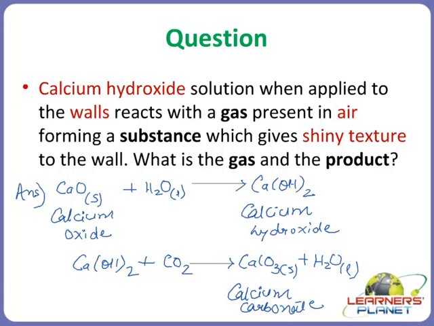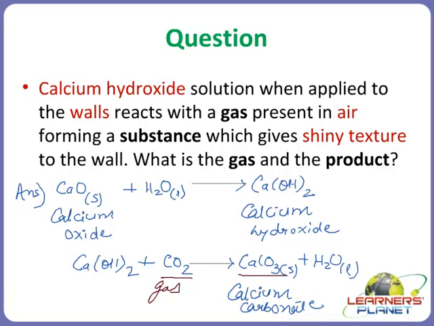So what is the gas over here? The gas is carbon dioxide. This is the gas with which calcium hydroxide is reacting, and the shiny product over here is calcium carbonate. So your answer would be carbon dioxide and calcium carbonate.